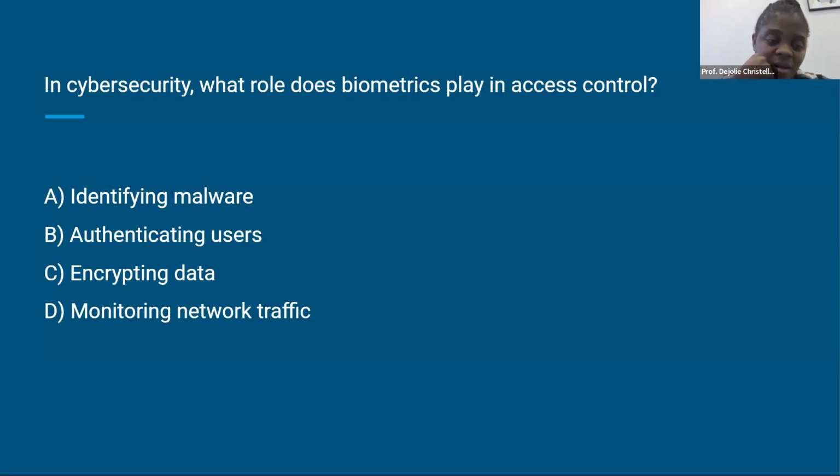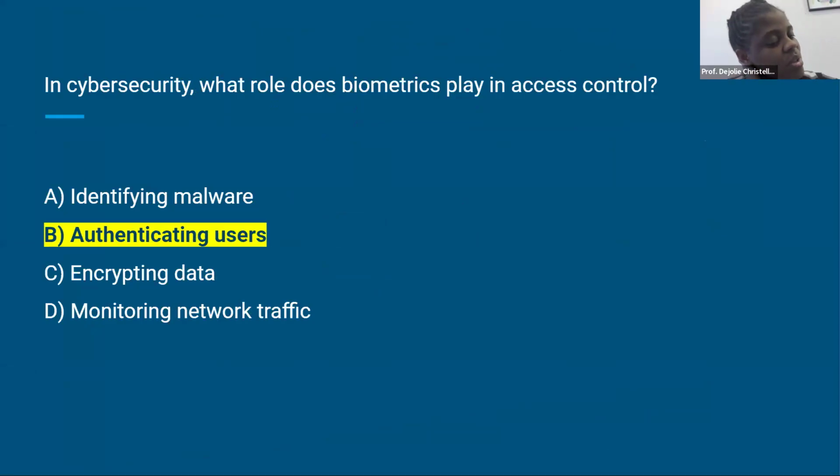We are trying to authenticate them to give them the control, the access. Identifying malware, is that the role of biometrics? We are not trying to identify malware. We are actually trying to give access to the person who is supposed to get the access. So the answer should be authenticating users, right?